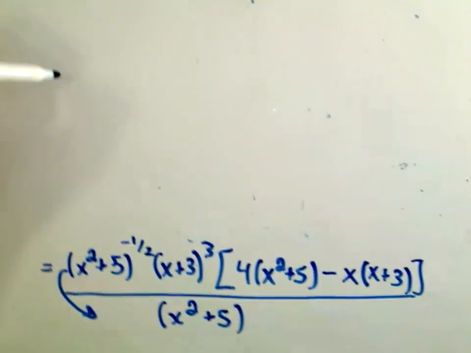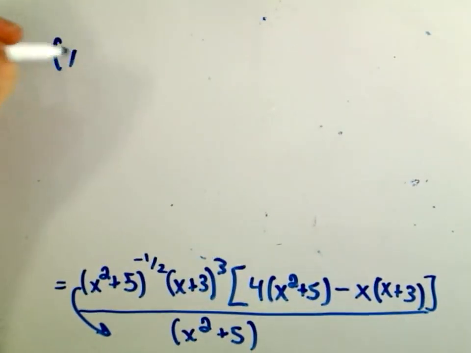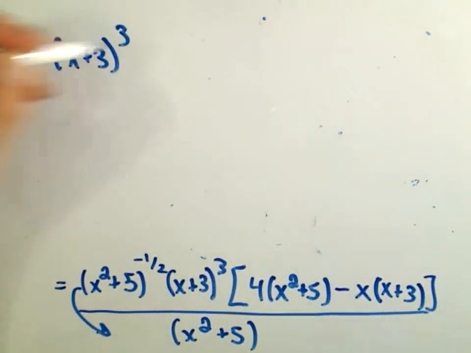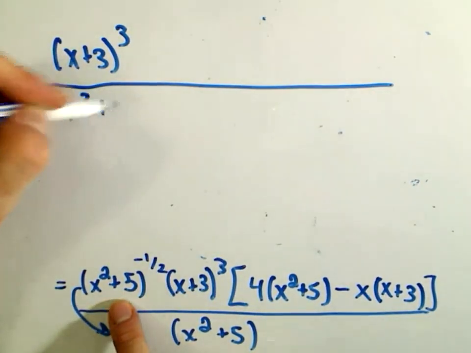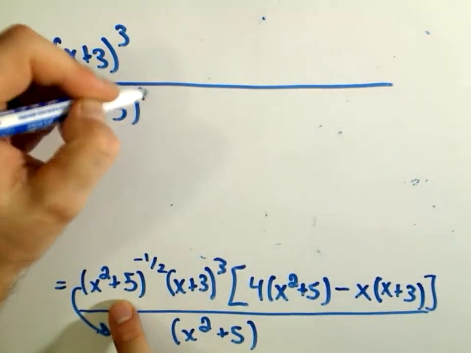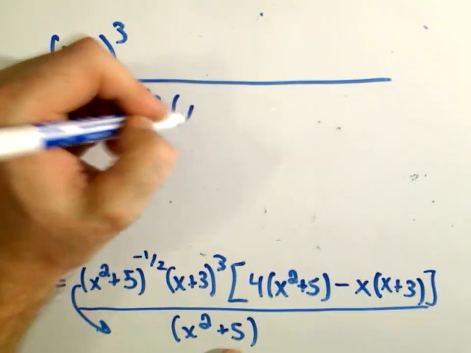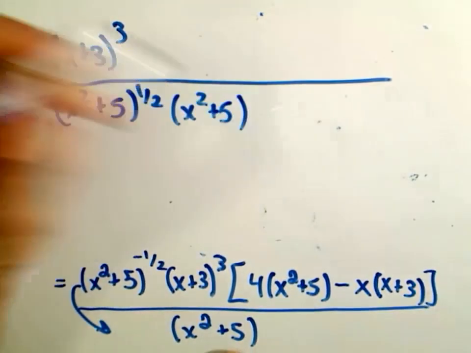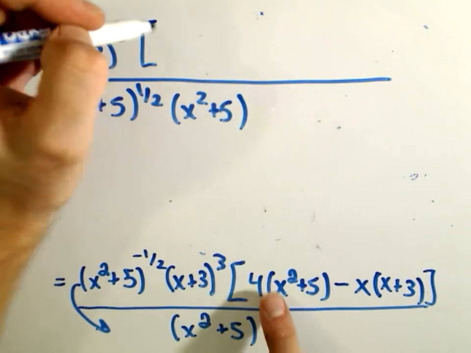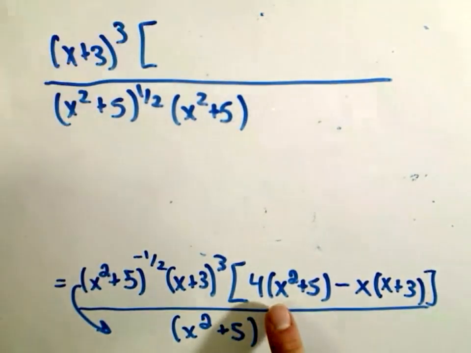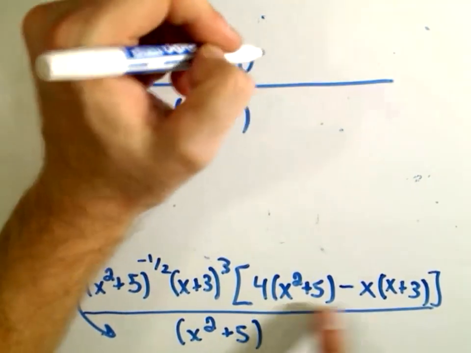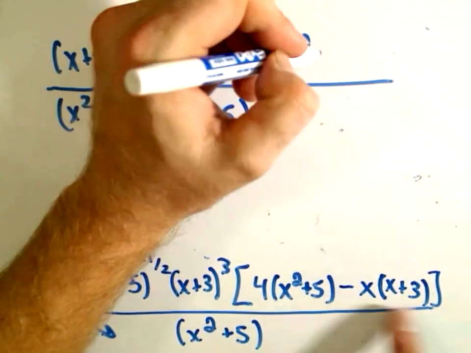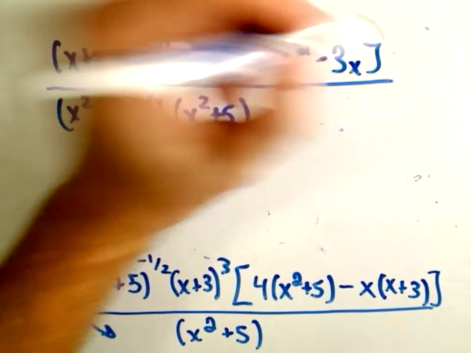We've got basically the x plus 3, I'm going to leave it upstairs. This x squared plus 5, I'm going to move it to the bottom, make its exponent positive 1/2. We've already got the x squared plus 5 down there. Inside the parentheses, I'm going to distribute, so I'll have 4x squared plus 20 minus x squared minus 3x.